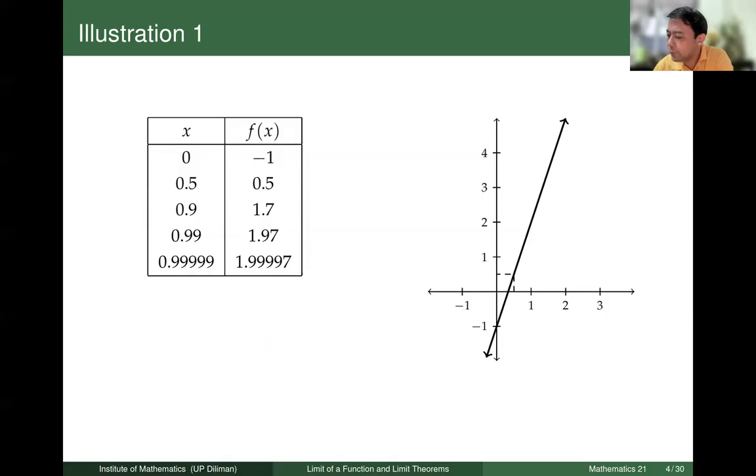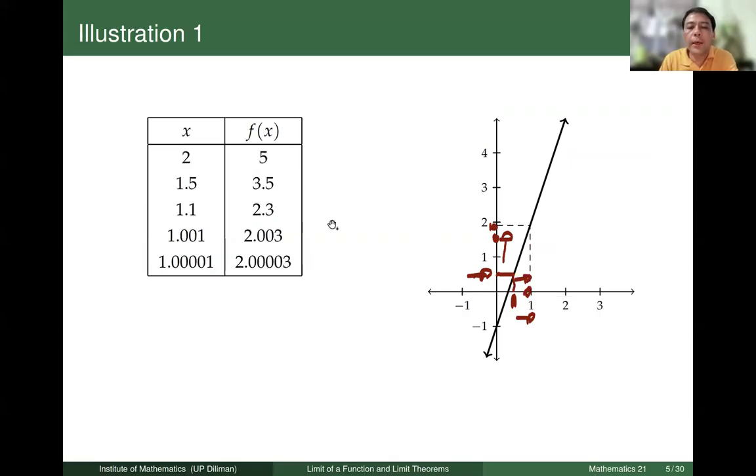If you see this value here, when x is at this point, your y is here, and then as your x goes to 1, this value is here, and then when it is at almost 1, the value is almost 2. So the graph is going up as your x is going to the right.